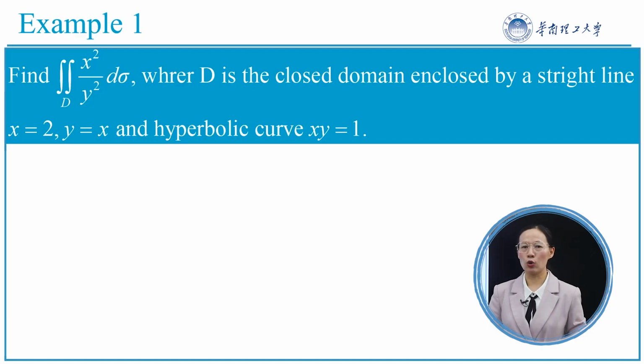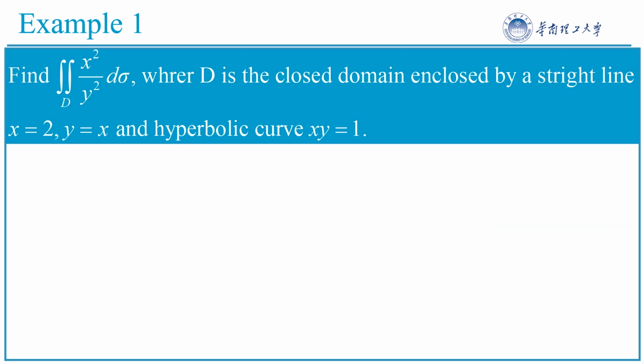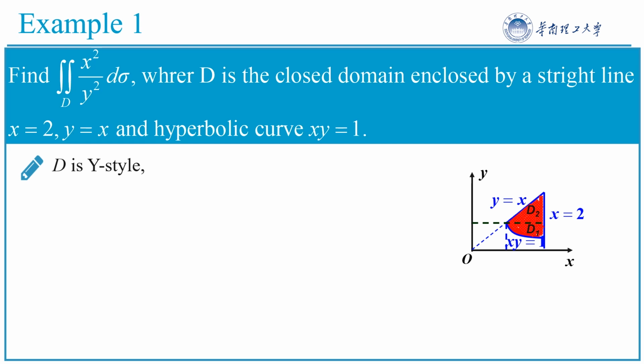This problem can also be solved by regarding D as the y-scale region. But we must divide D into two y-scale regions at y equals 1. We denote them by D1 and D2.